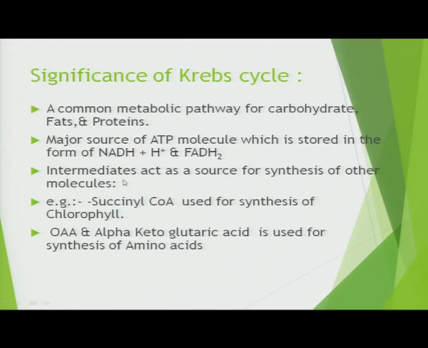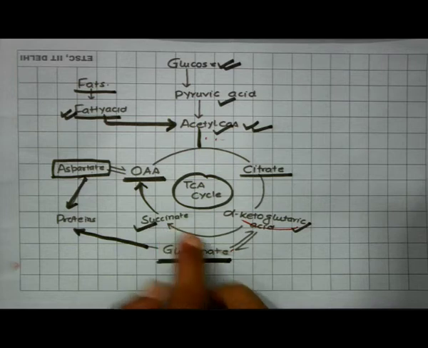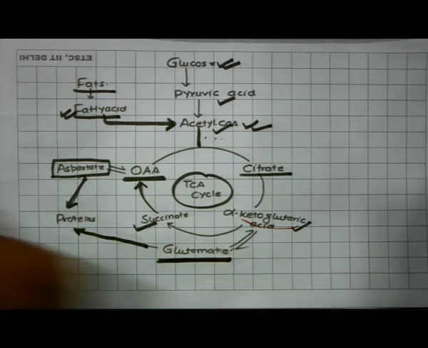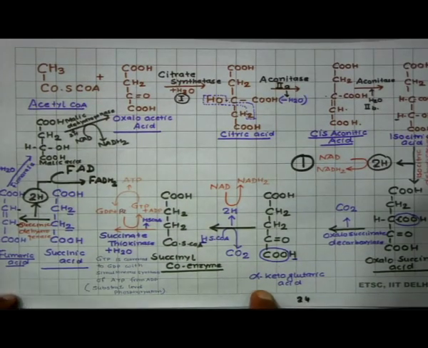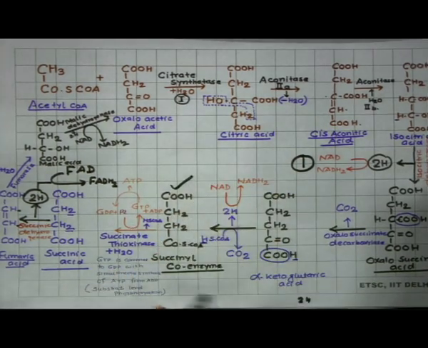The intermediates act as a source for the synthesis of other molecules. An intermediate like succinyl coenzyme A is used for the synthesis of chlorophyll. The succinyl coenzyme A, which is the product before the formation of succinate in the TCA cycle, which we have already discussed, is directly involved in the synthesis of the chlorophyll molecule.